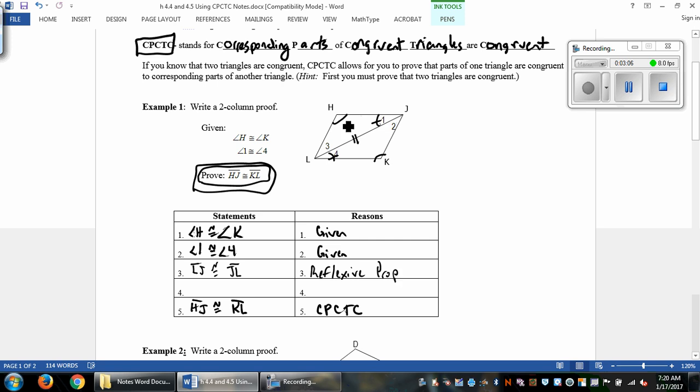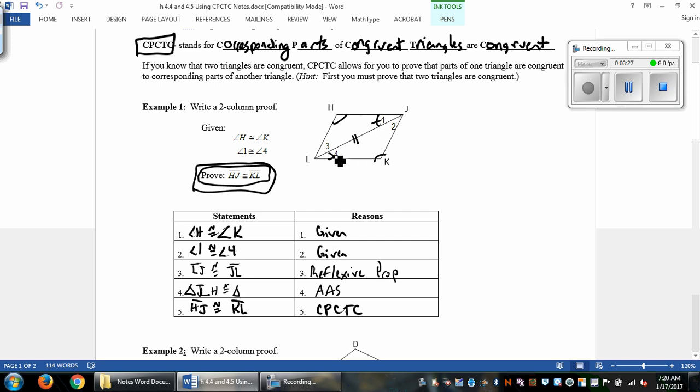And now we have angle, side, so that's going to be my reason for the triangle, and we just need to match up the correct letters. So if I start over here by angle 1, that would be J, and I'm going to go across the middle to L, and then up to H. So that is congruent to triangle.